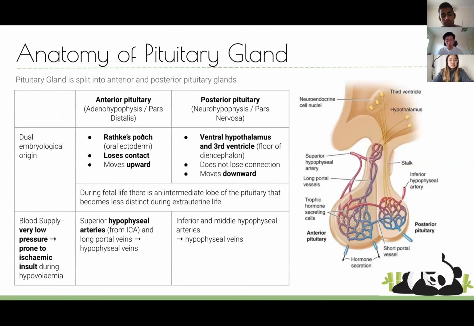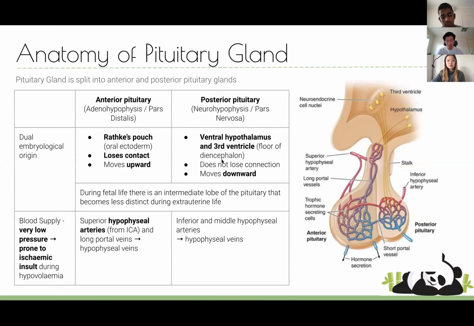So the anterior pituitary is also called the adenohypophysis or pars distalis, and the posterior pituitary is also called the neurohypophysis or pars nervosa. And you can see them as two separate things, because with the embryology, the posterior pituitary comes from your ventral hypothalamus and your third ventricle.